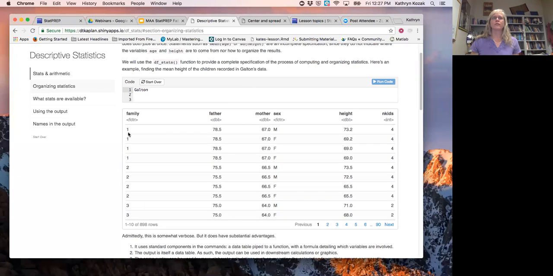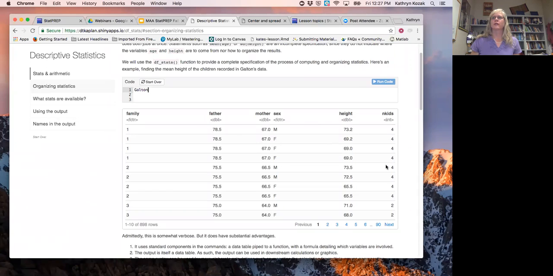So this is the family number, their father's height, I believe, mother's height, the sex of the person. Oh wait, I think these are the mother and father, yeah, I think these are their heights. And then this is the height of the kid. So this is the gender of the kid, and this is the height of the kid, and then this is the number of kids that are in that family.